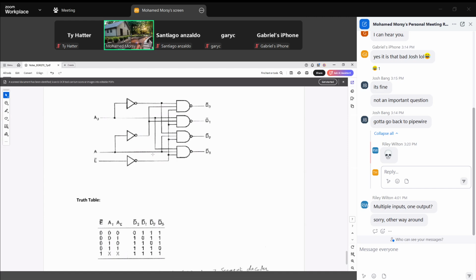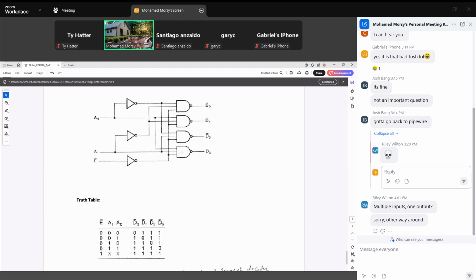A1 is 0. So this gate has input 0, and this is a NAND gate. Input 0 means whatever the other inputs are, the multiplication output will be 0.